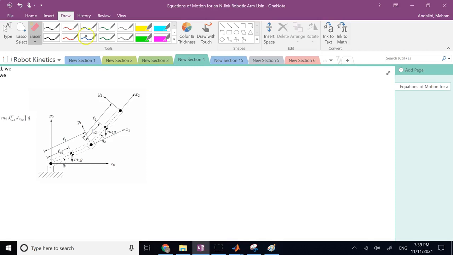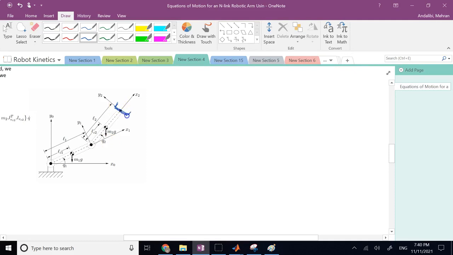Like, for example, let's say, and it can be A of q, it doesn't need to be constant. Let's add the end effector here.